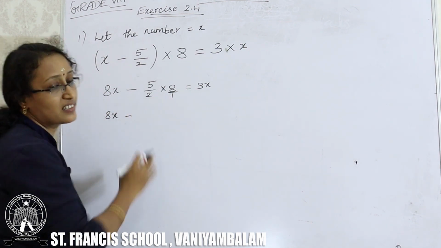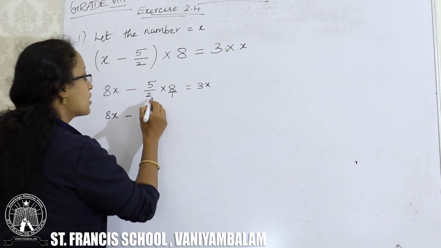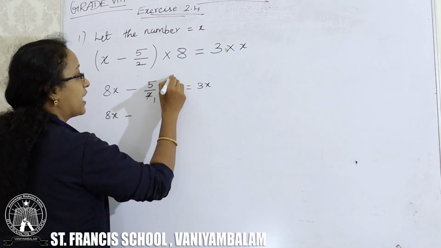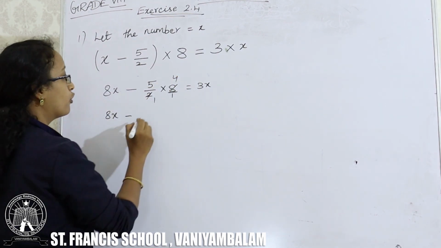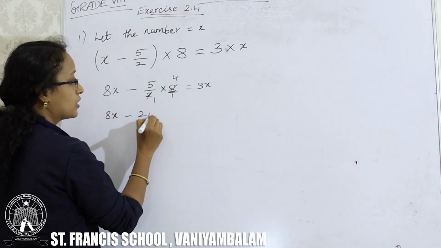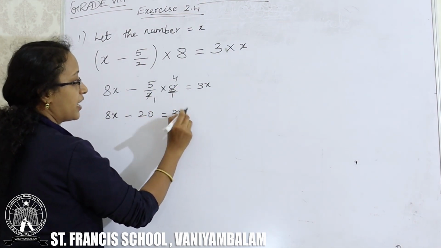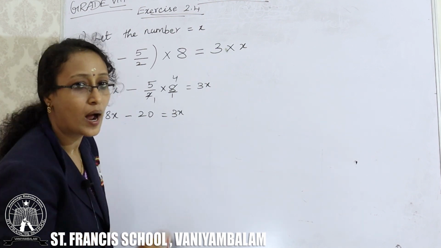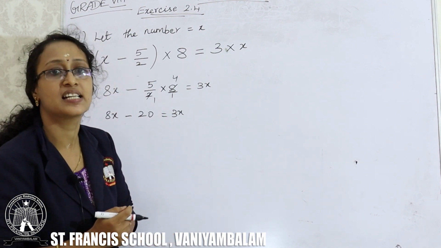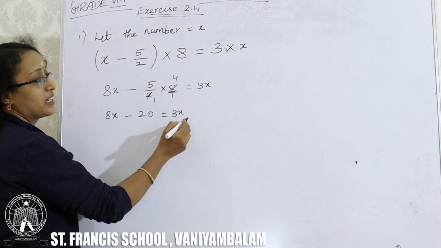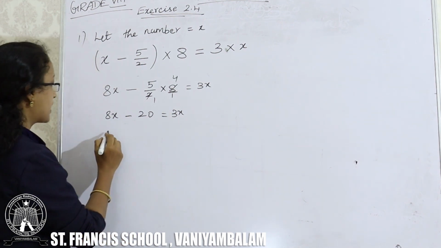Now you have two fractions in multiplication, so you can cancel this 2 and 8. So 1 time and 4 times. Now 5 fours are 20, and the denominator you have 1, so you can write it as 20. So 8x minus 20 is equal to 3x.